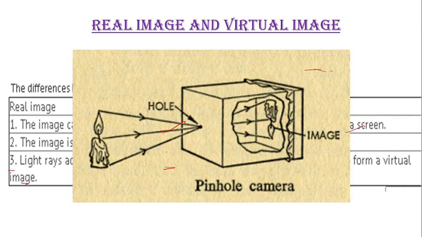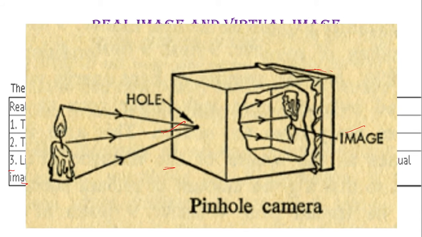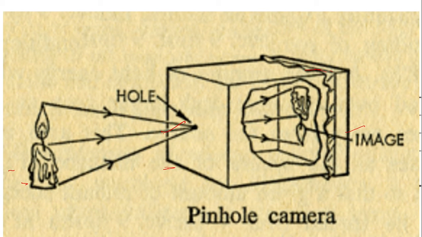Another thing is that a real image is always inverted, whereas a virtual image is always erect. So why is it inverted? The real image gets inverted because light travels in a straight line. Say from the tip of this candle, the light will travel in a straight line, hence whatever image is obtained will be inverted.